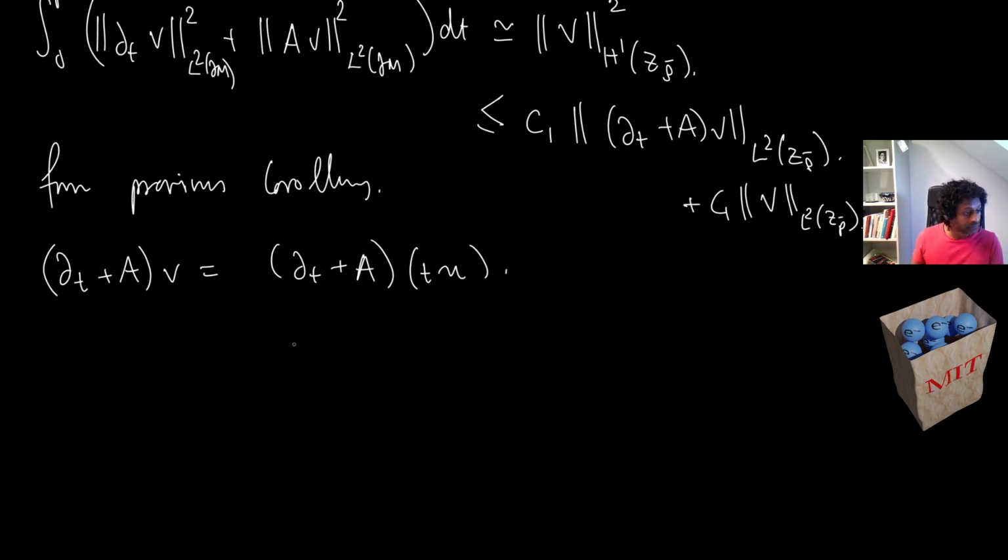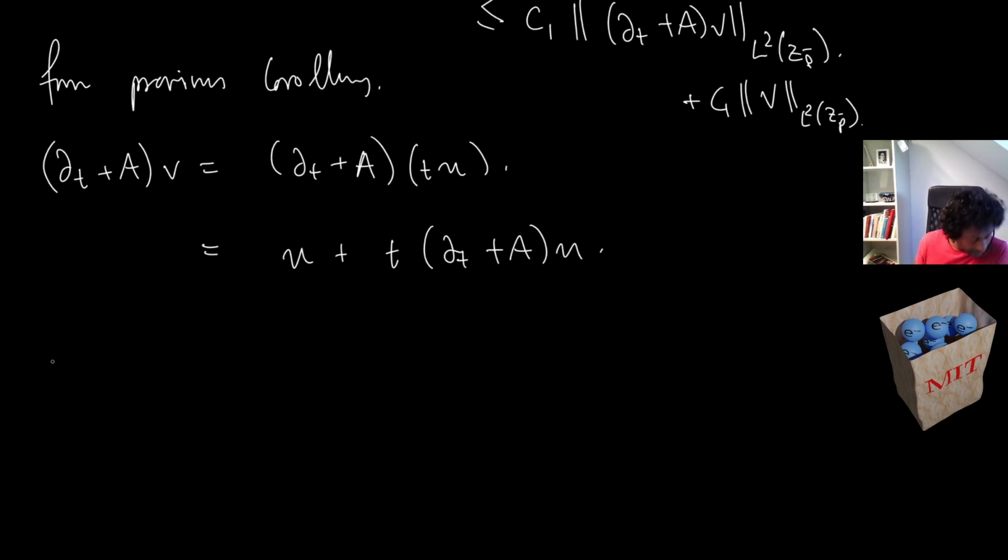So if it's Tu, what do we get? We get, now this is U plus T dt plus AU, right? This is what we get.